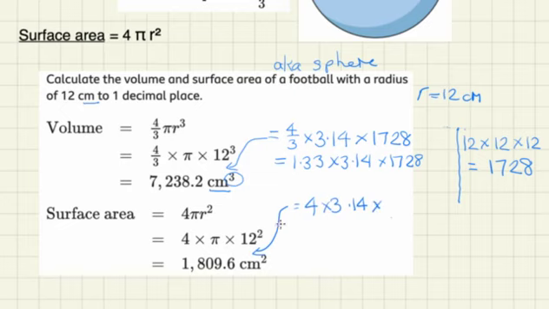Now this is 12 squared. You don't need to do any rough calculation because you should know from your 12 times table what this value is, but let's go through the motions. 12 times 12 is 144. So 144. And again, when I did this calculation, I didn't get this number.